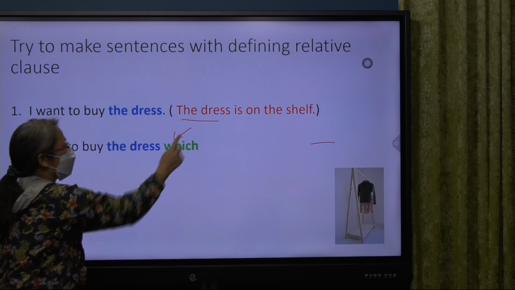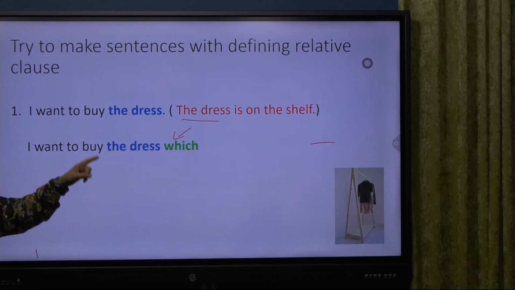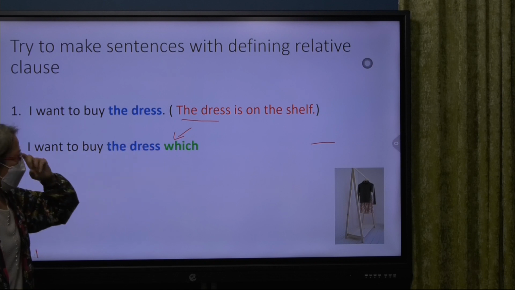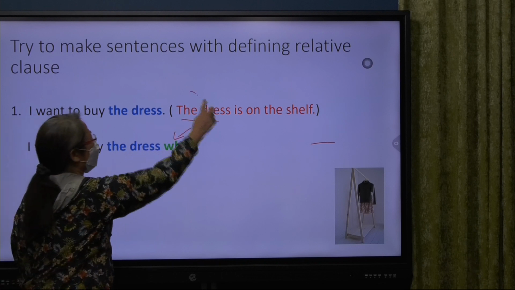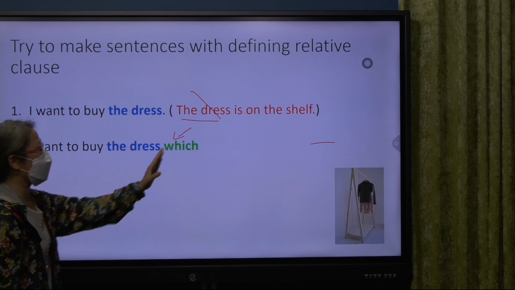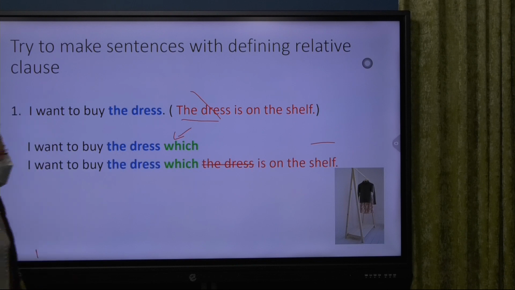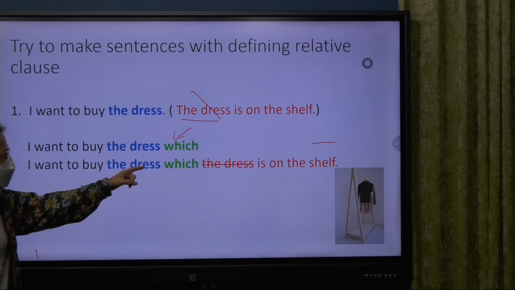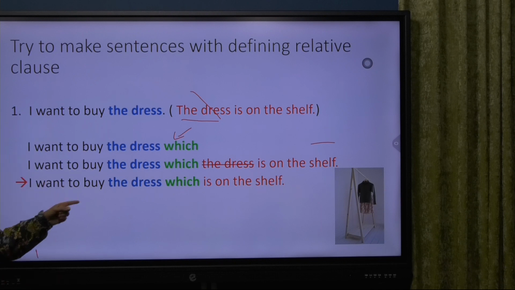Which refers to the dress. the dress 即是 which，佢代表咗 the dress，因為一樣，所以唔使再寫 the dress 啦。So we add the next part. I want to buy the dress which is on the sale. 我想買架上邊嗰一條裙。Okay?